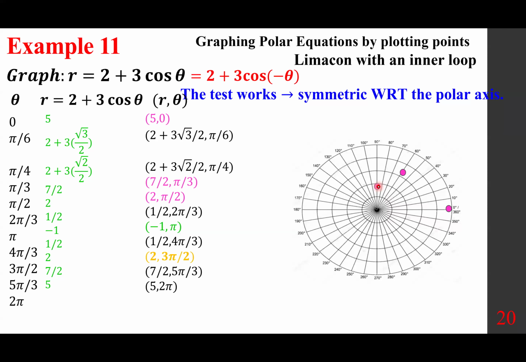Okay. 2 pi over 3 would be 120 degrees, somewhere there. Negative 1, pi. Here's pi or 180. Here's 1. Because it's -1, it's on this side, everybody.